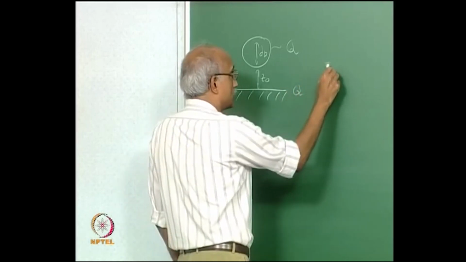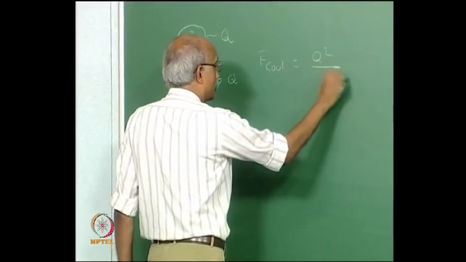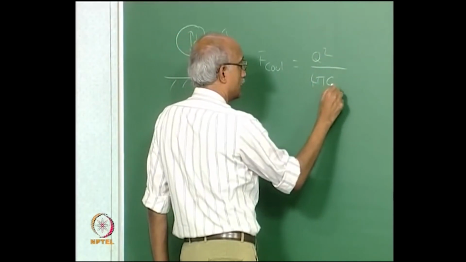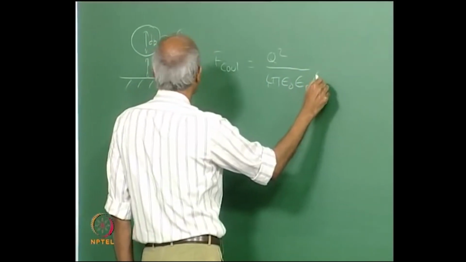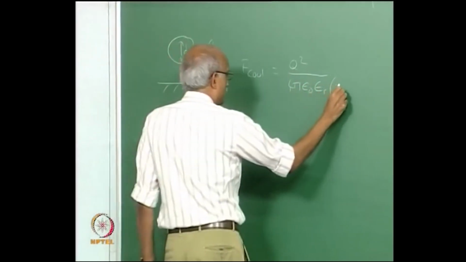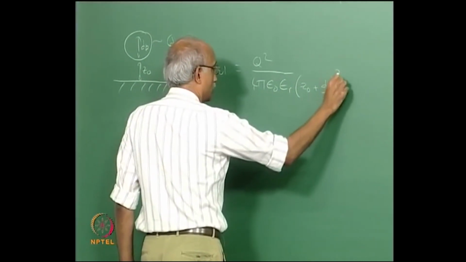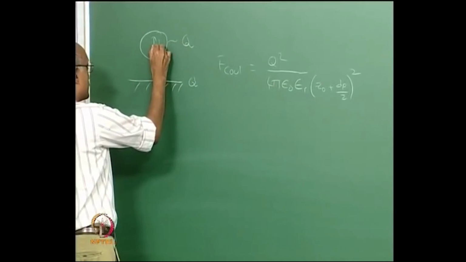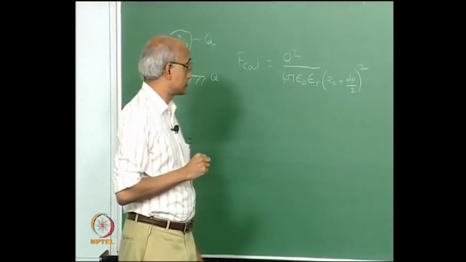The associated Coulombic force can be written as q squared over 4 pi epsilon 0 epsilon r times (z0 plus dp by 2) the whole squared, which is the distance between the center of the particle and the surface.